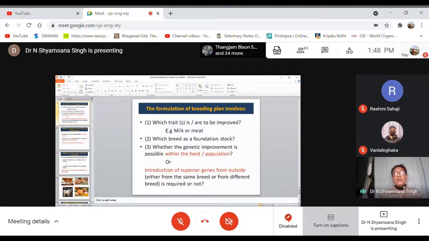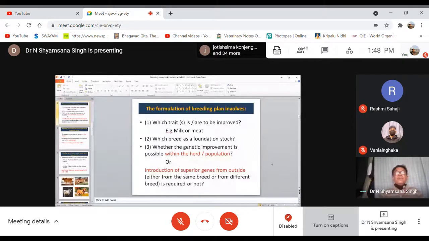Those outside genes or animals may be of the same type of breed. If you want to maintain Thar Parkar cattle, then you introduce superior Thar Parkar cattle from some other source, or else if you are interested to mix your breed with some other breeds, that is known as crossbreeding.